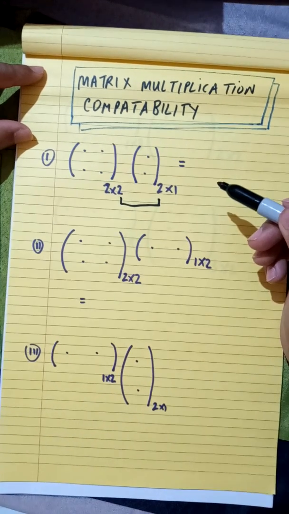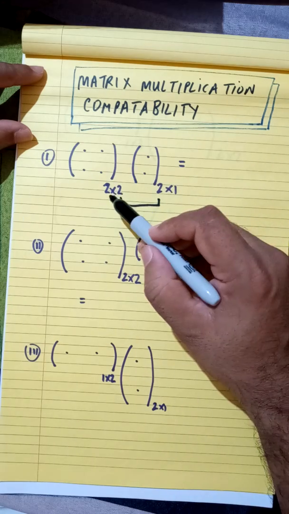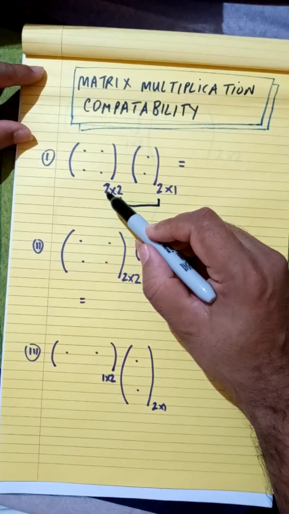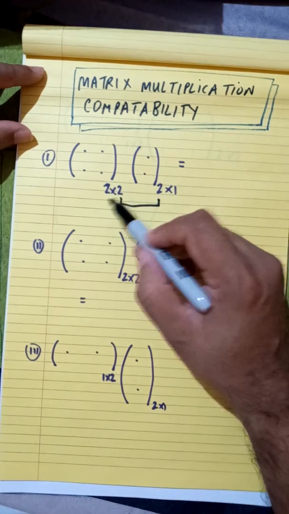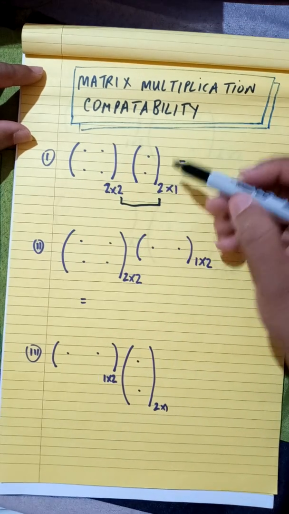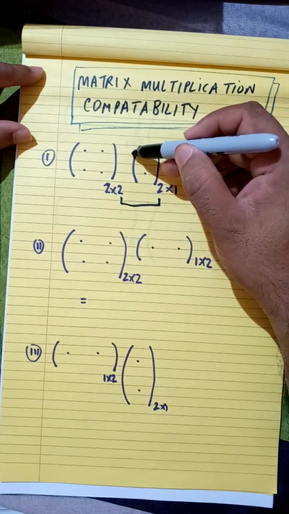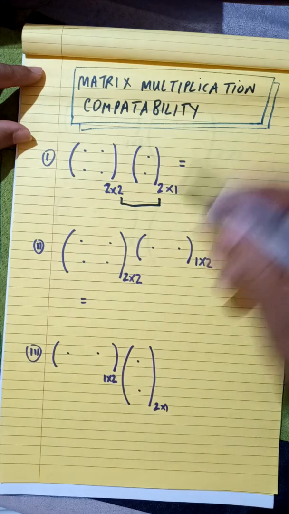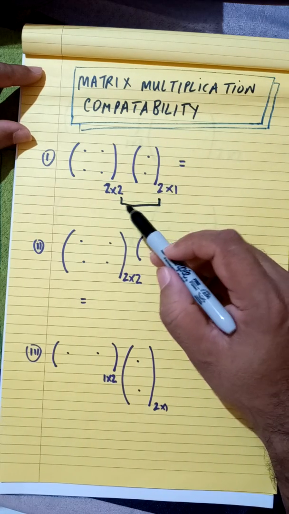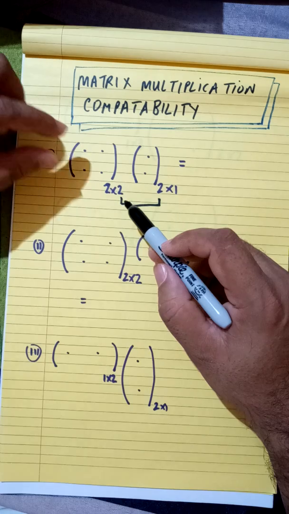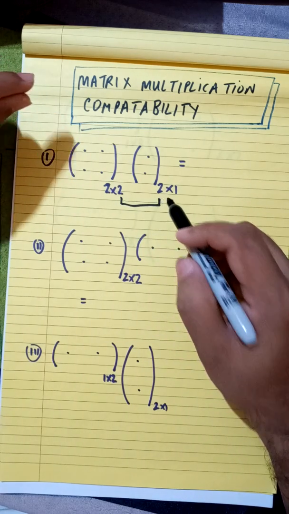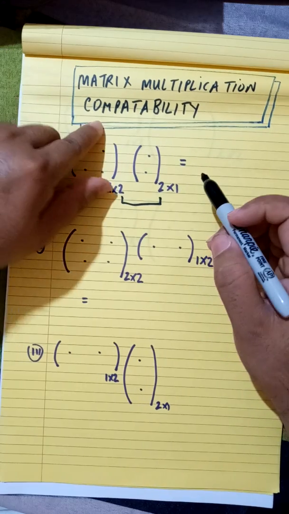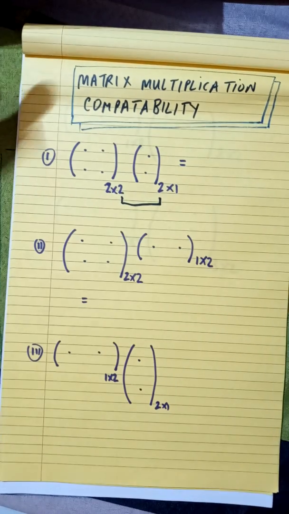Remember, the first number tells you the number of rows, the second number tells you the number of columns. So this is a 2 by 2 matrix. This matrix has 2 rows and 1 column. Now, if the number of columns of the first matrix is equal to the number of rows of the second matrix, then they are compatible. They can get married.